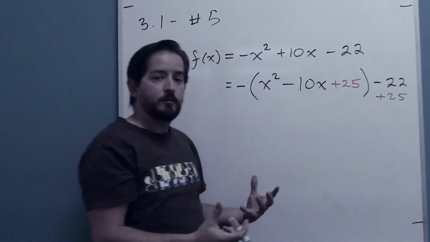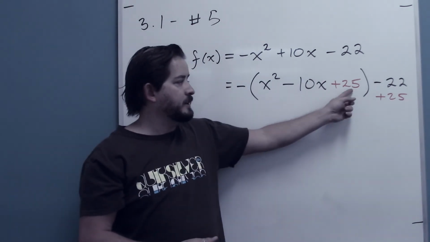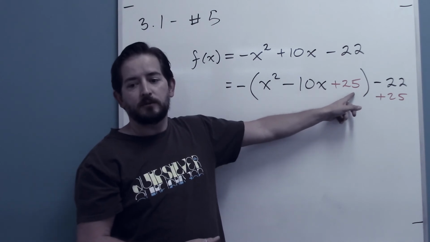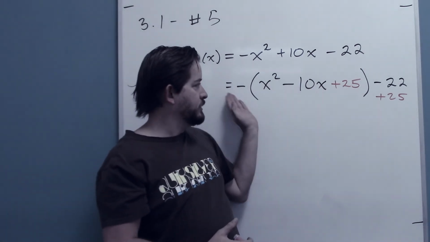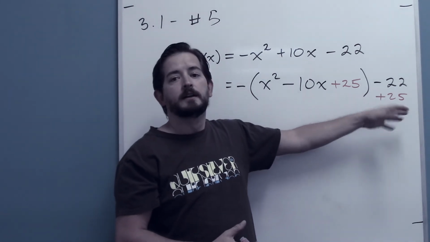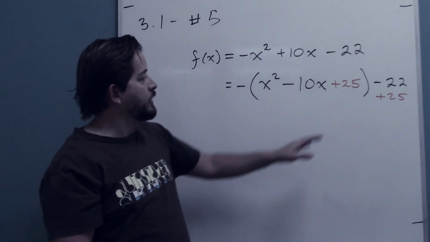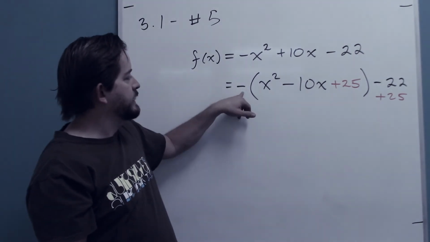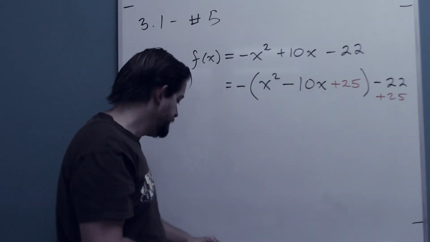It looks weird, but I'm adding 25 on the outside, and I'm really subtracting 25 by putting that 25 on the inside of this parentheses. And that's my 0. Minus 25, positive 25. I'm adding 0 to this equation. Okay? So be careful whenever you have to complete the square inside of parentheses where something's acting on it.